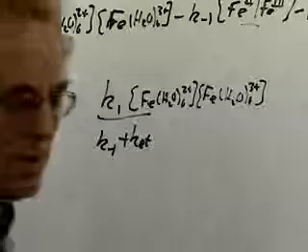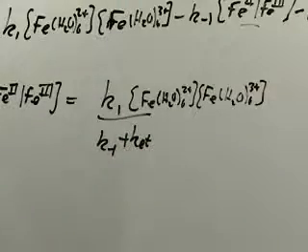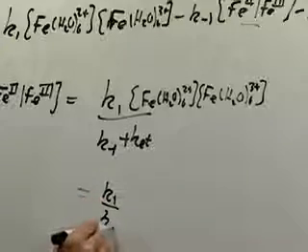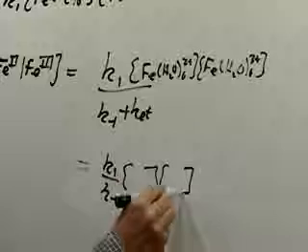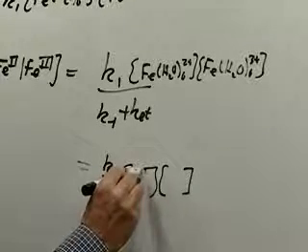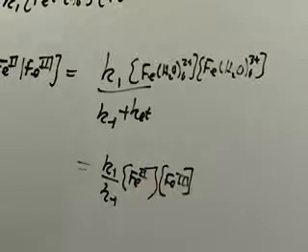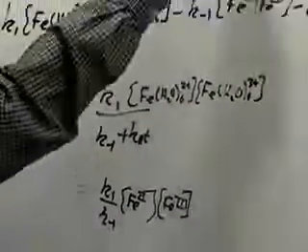And in most cases, the electron transfer rate is slower than k minus 1, and so I can reformulate this as k1 over k minus 1 times my two concentrations. And the rate of the overall reaction is going to be just the rate of this step going there.